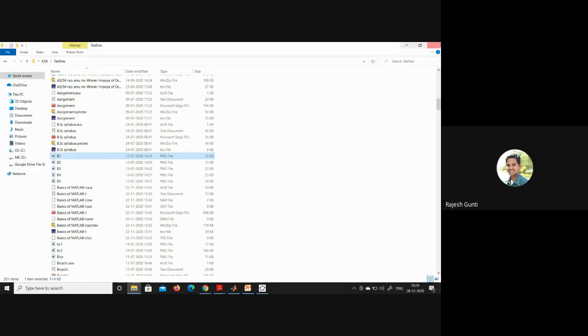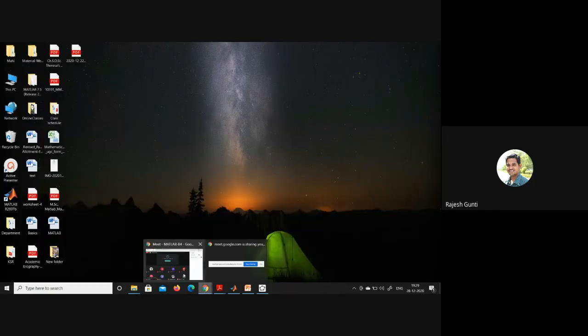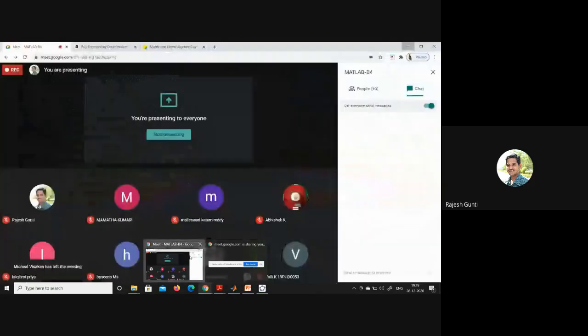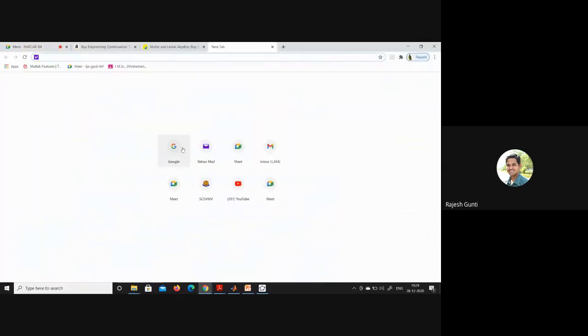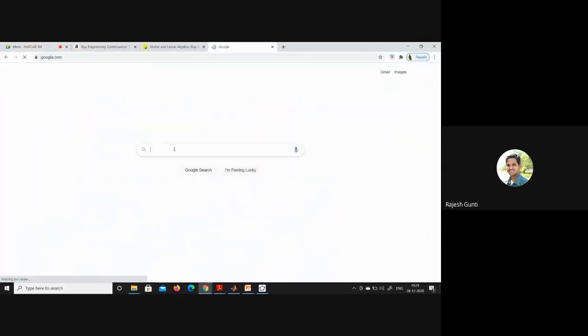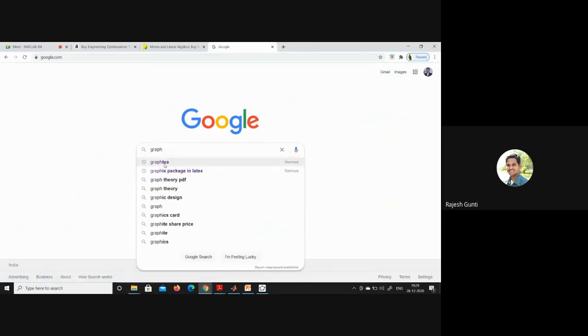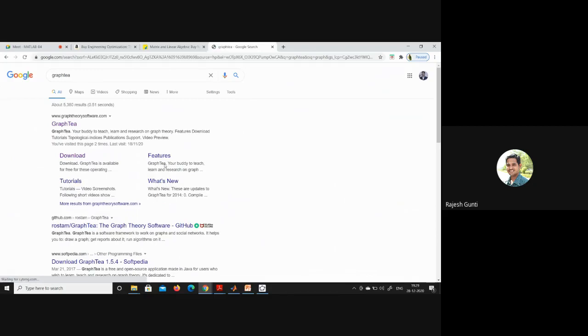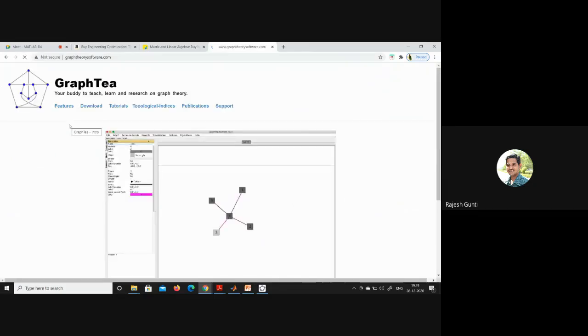There are other software packages too. Graphviz is another software, and it is also available. I will show this. These are very nice software to draw diagrams.